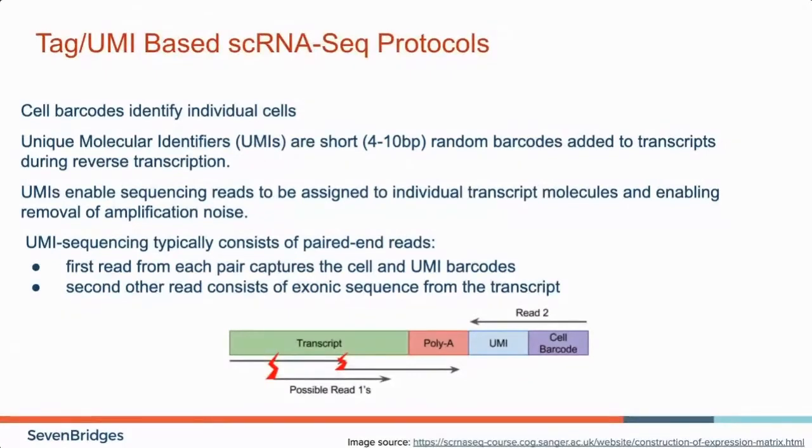They enable sequencing reads to be assigned to individual transcript molecules and thus enable the removal of amplification noise and biases from single-cell data, which provides a great improvement in the quantification step of the analysis. UMI sequencing typically produces paired-end reads, where one read from each pair captures the cell barcode and UMI, while the other read consists of exonic sequence of the transcript.